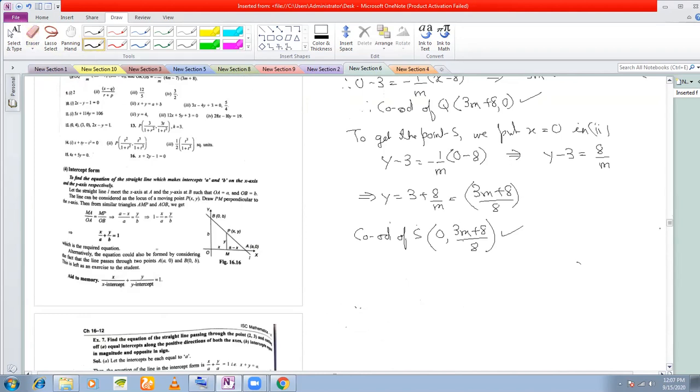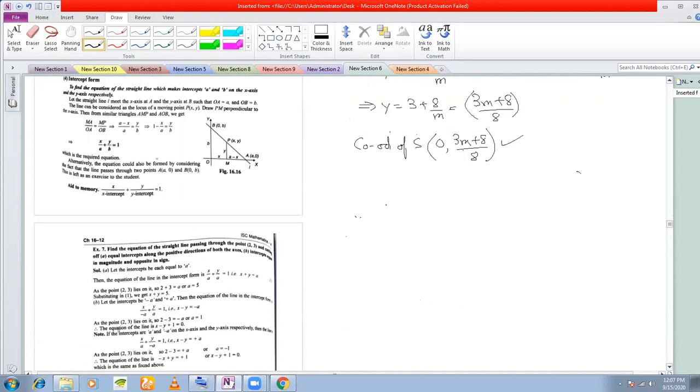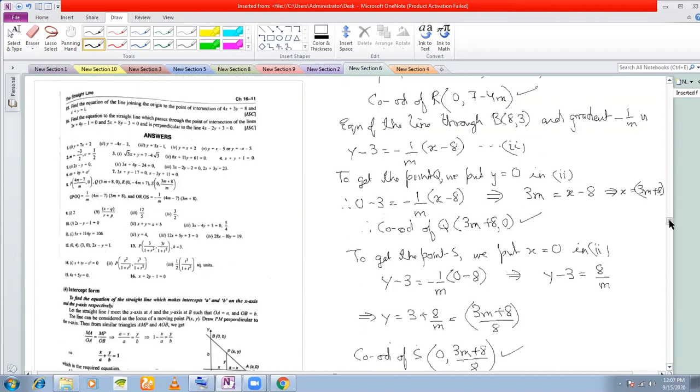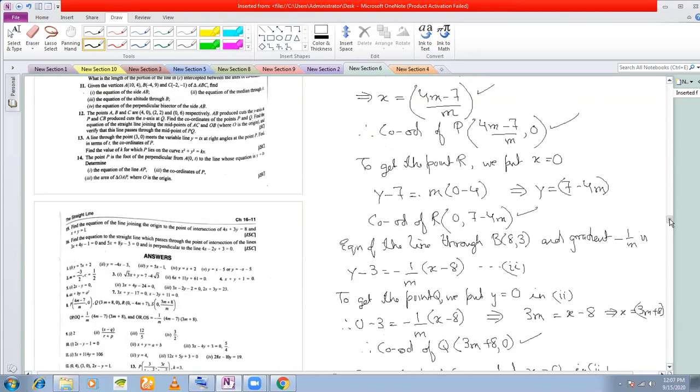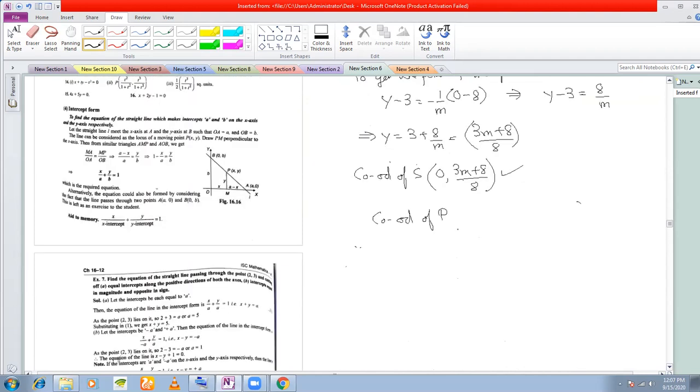OP is the distance between O and P. The coordinates of P we have got are ((4m minus 7) by m, 0).